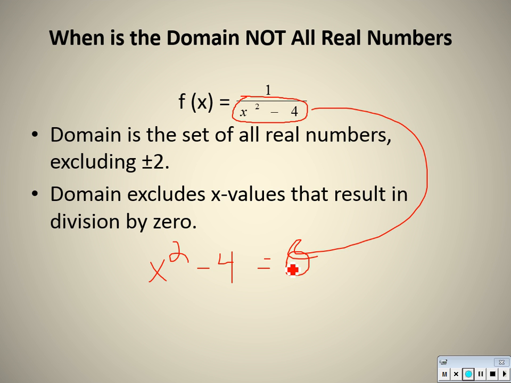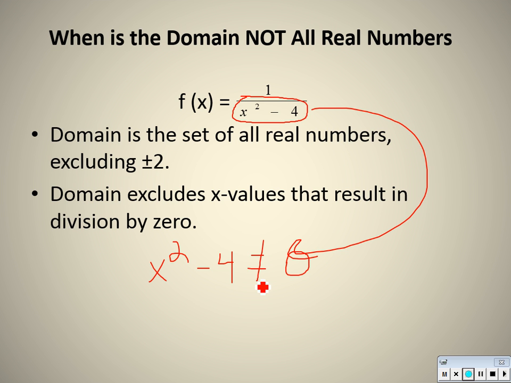The reason we don't want it to equal 0 is because if the denominator equaled 0, then we would have a function that's undefined. That would give us a value for y that was undefined, and that's not really what we're looking for here.